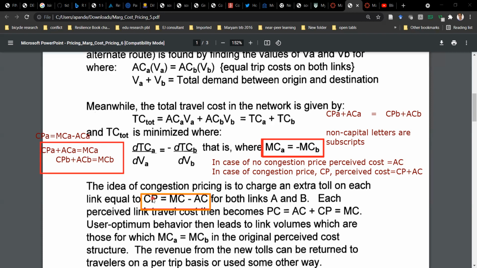Then the drivers, while trying to minimize their perceived cost as they see it, will end up minimizing the total system travel time cost. And that will be the minimum travel time for everybody in the aggregate. And that's what you want to achieve.